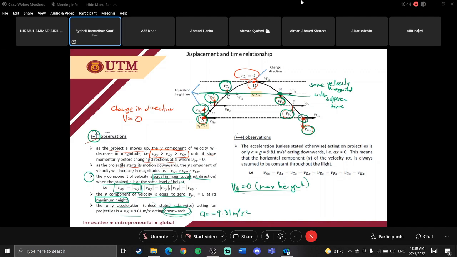Then we go on to the observation along x. This one is the observation along the y-axis. This one is the observation along the x-axis, where we assume to the right is positive. Along y, upward is positive. So that's why g downward becomes negative. All right, so when we go along x, you will notice that VAX, VBX, VCX, VDX, VEX, VFX, and VGX are the same.